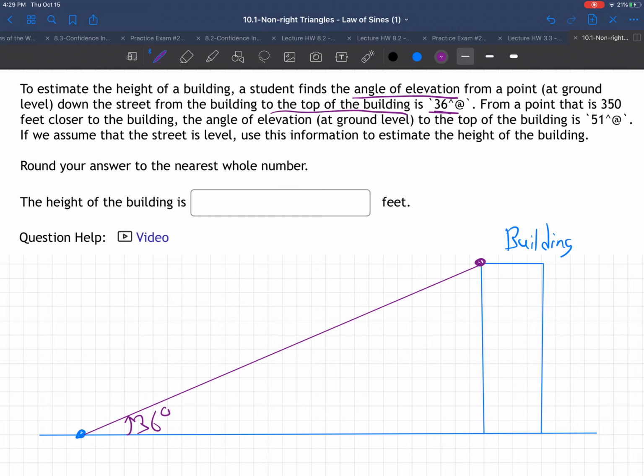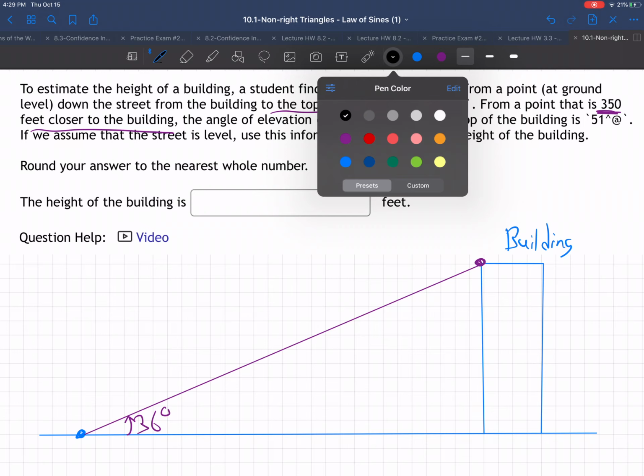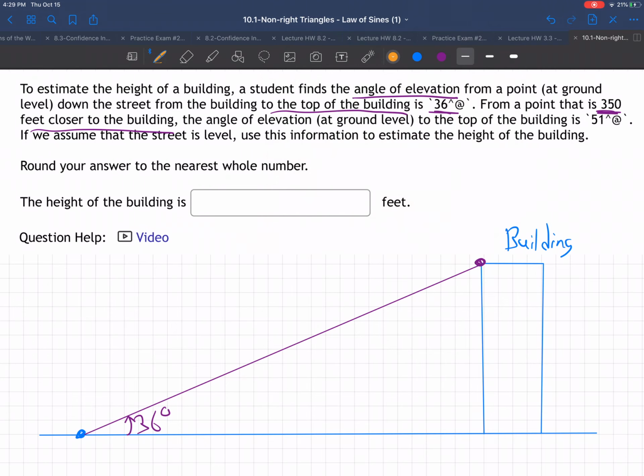So there we go. So now, from a point that is 350 feet closer, the angle is 60 degrees. So now we're going to go, like, say, here. And we're going to go also to the top of the building. And that angle of elevation is 60 degrees.